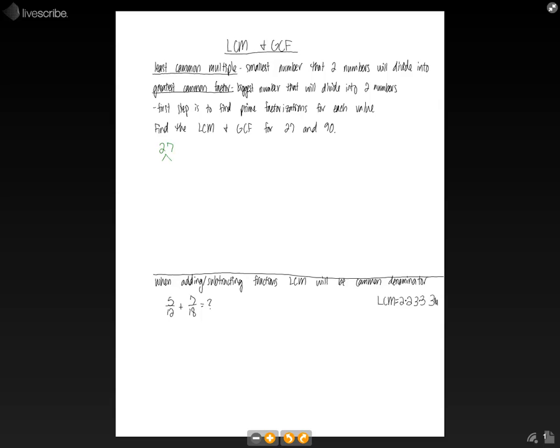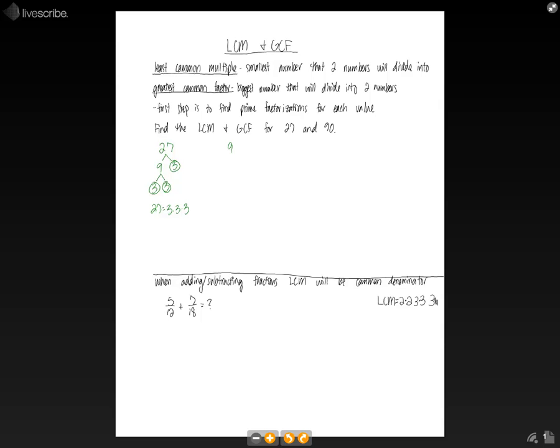We can get 27 by taking 9 times 3. And 3 is a prime number, so that can't be factored any further. 9 we can factor further into 3 times 3. So 27 is equal to 3 times 3 times 3.